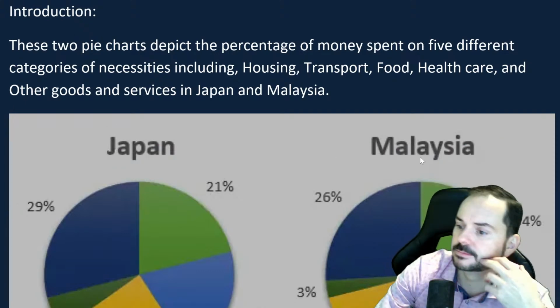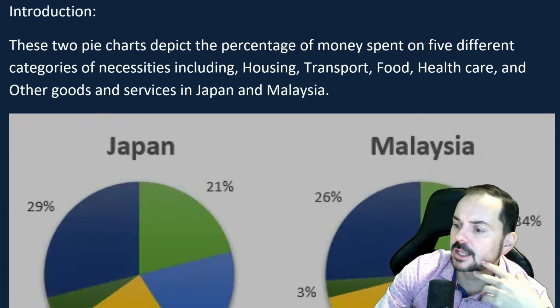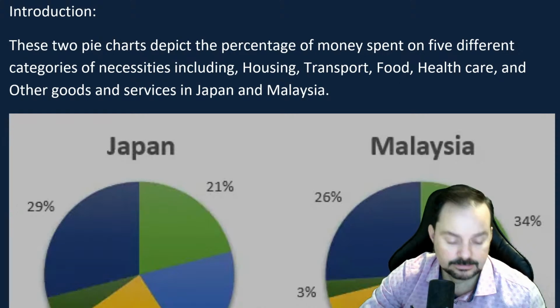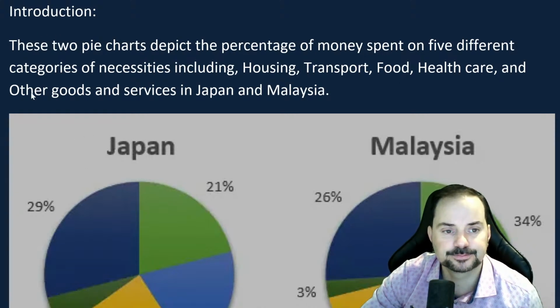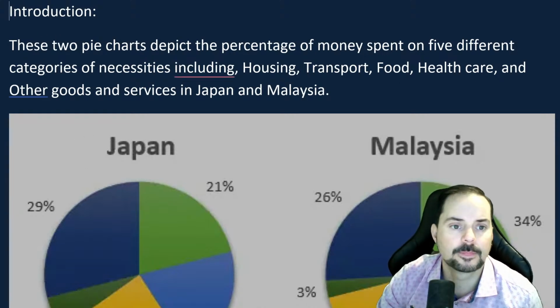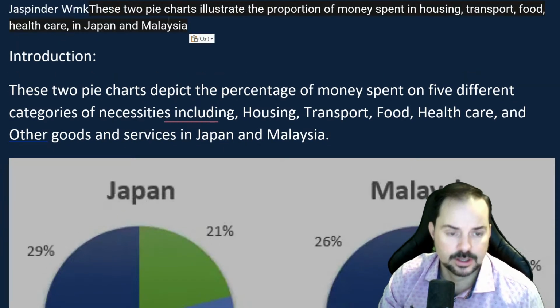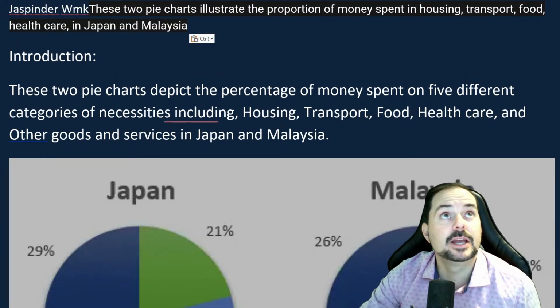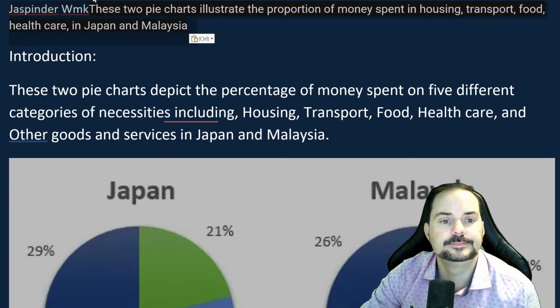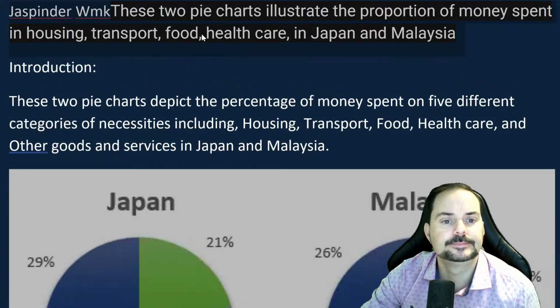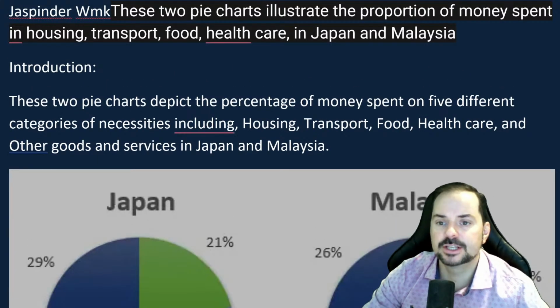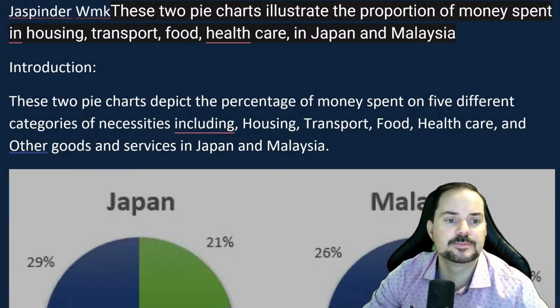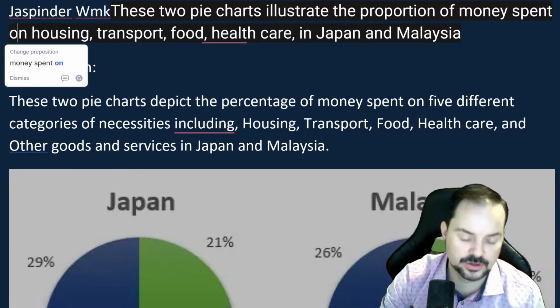All right, great. Let's see what Jaspinder has for his introduction. Jaspinder writes, these two pie charts illustrate the proportion of money spent on, Jaspinder, on housing.